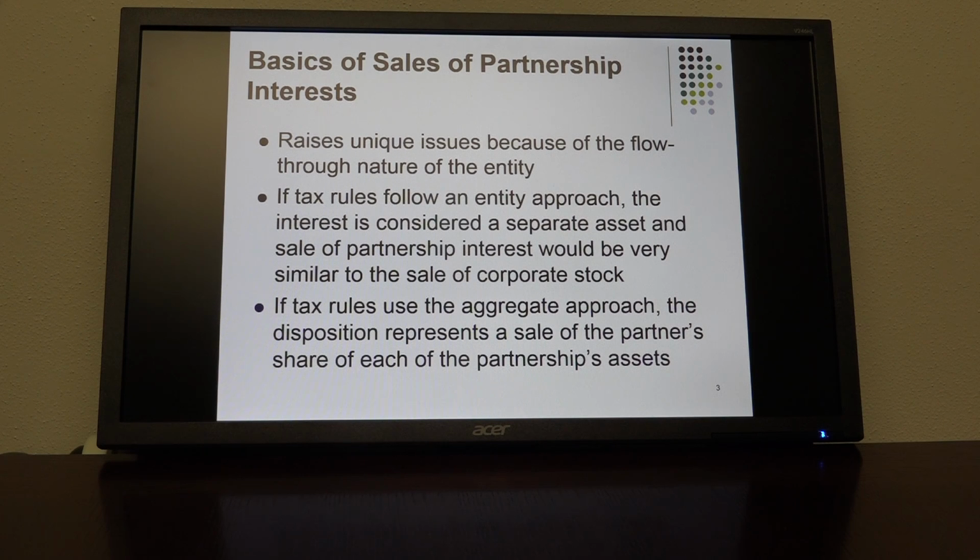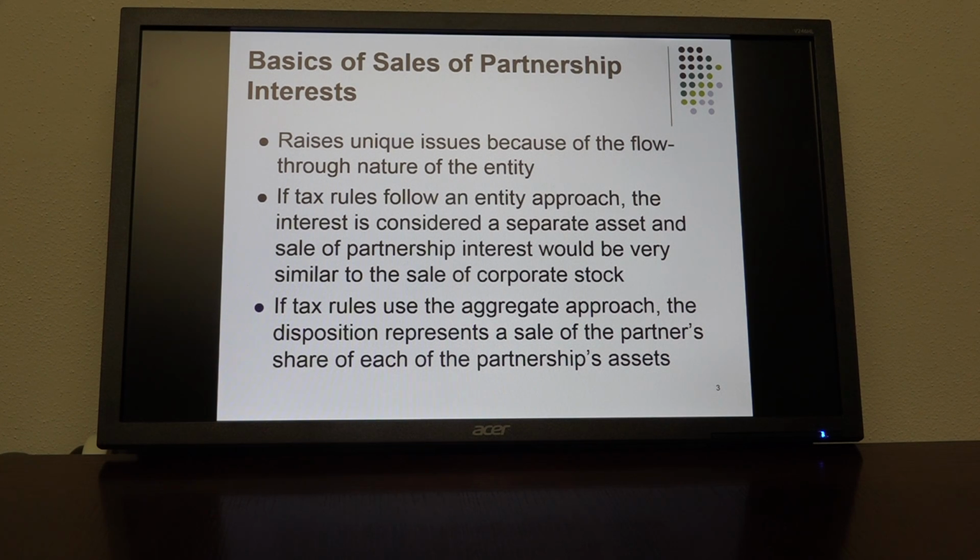If so, then it's like owning stock in a corporation, and we simply figure out how much we realize, and from that we subtract our capital to come up with our gain or loss.